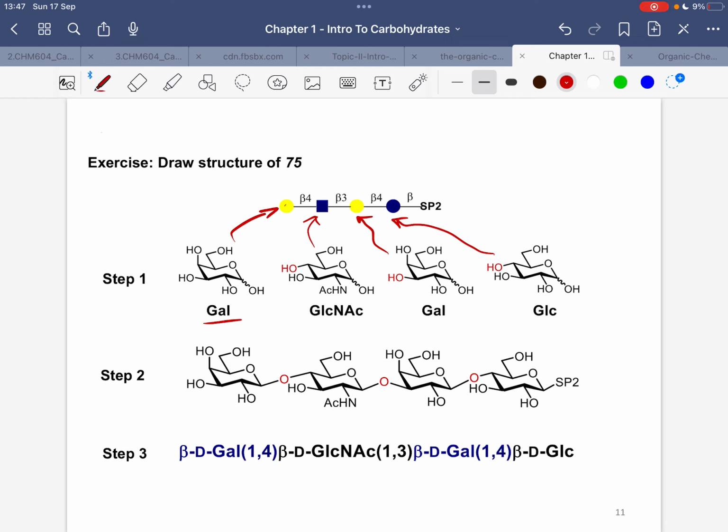The linkage is beta relative to this, and it is connected to carbon 4 of this N-acetylglucosamine. Same thing as this, beta to here and carbon 3 of this galactose. And same thing here. And of course, a beta relationship with the protein. The protein has an sp2, a serine residue. Serine.